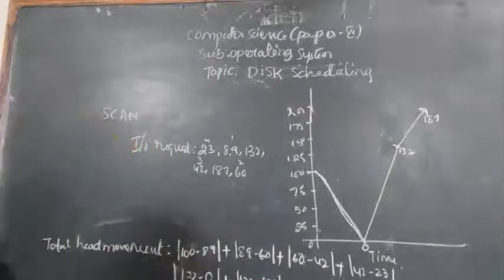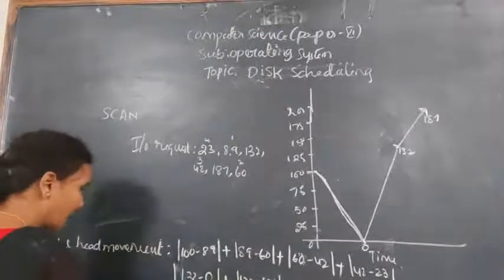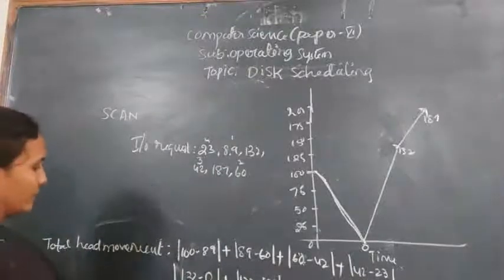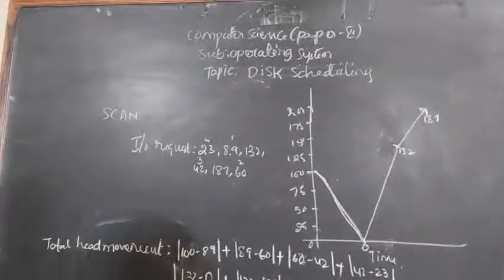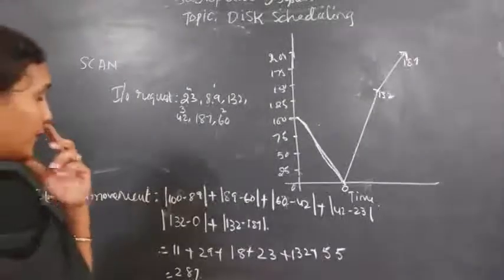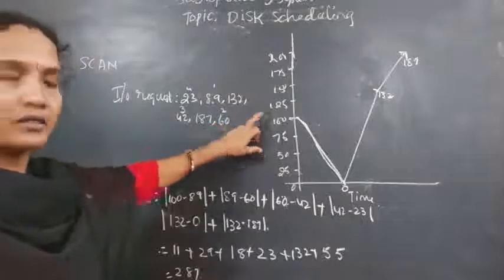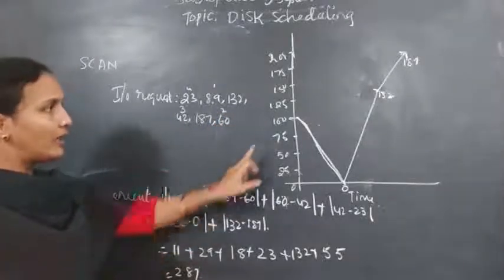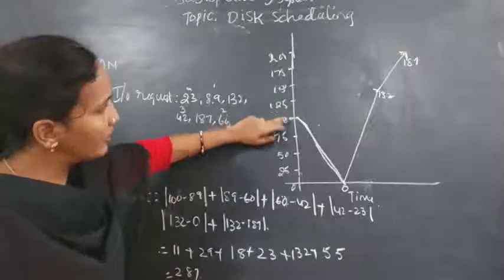Now the total head movement you need to calculate. You can see here it is starting from 100. 100 minus 89. Next 89 to 60.